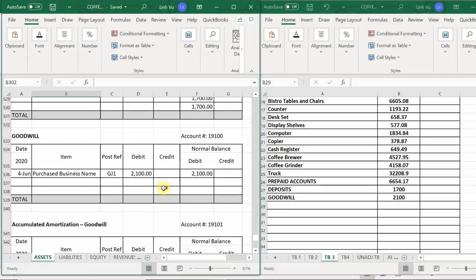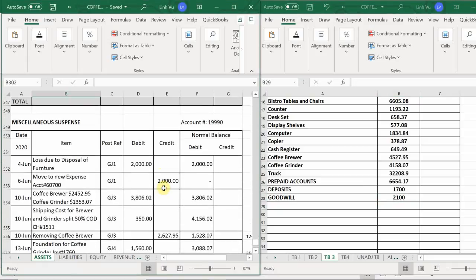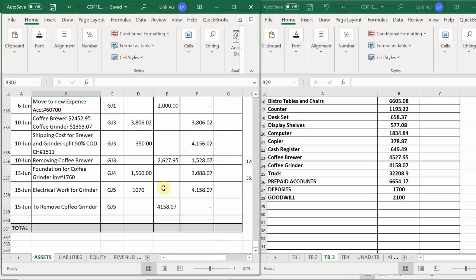And then miscellaneous expense. Do we have an account balance in miscellaneous expense? Zero. Nothing. So we do not need to put that in here.